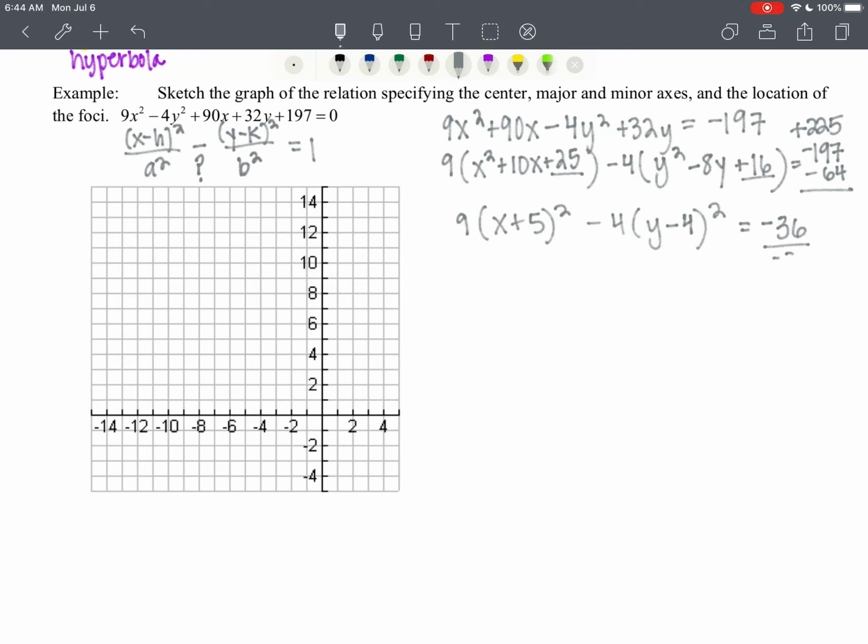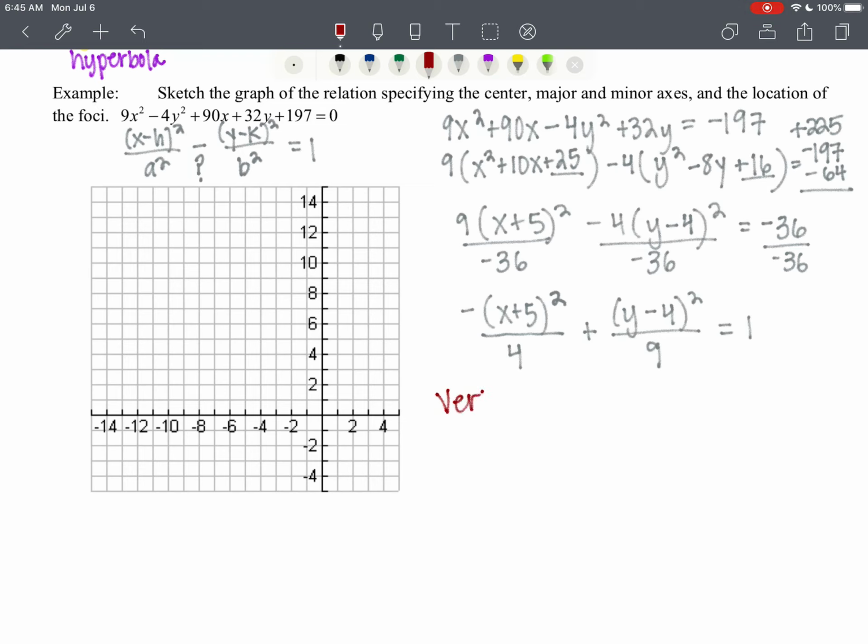We're going to divide each term by negative 36 and look at what happened. My x squared is going to become negative. So I'm going to have a negative x plus 5 quantity squared over 4 plus y minus 4 quantity squared over 9 equals positive 1.